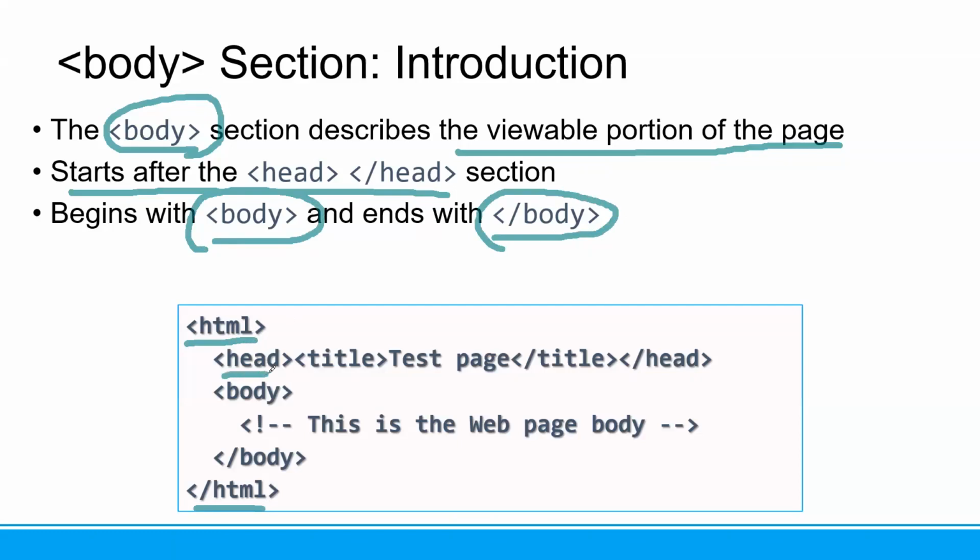And then we have the head to indicate the page title, or maybe some meta information, like how long your page will last, and if it is more than 5 seconds, you can go to another web page, etc. And we are going to learn more about how we can define the body.